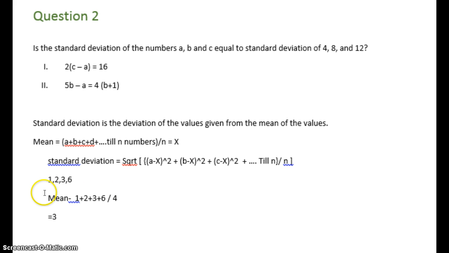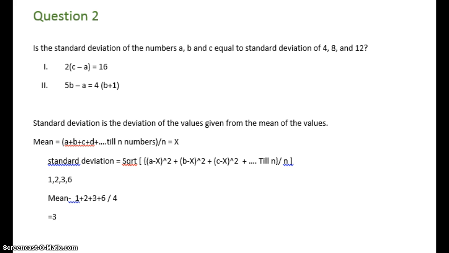It would be 1 minus 3 whole square plus 2 minus 3 whole square plus 3 minus 3 whole square plus 6 minus 3 whole square divided by 4, that is the number of numbers, and the square root of this.